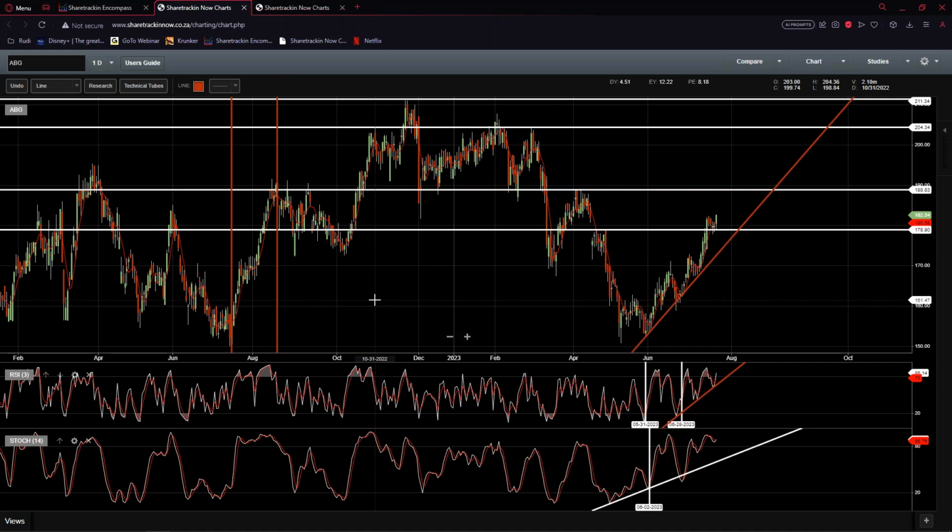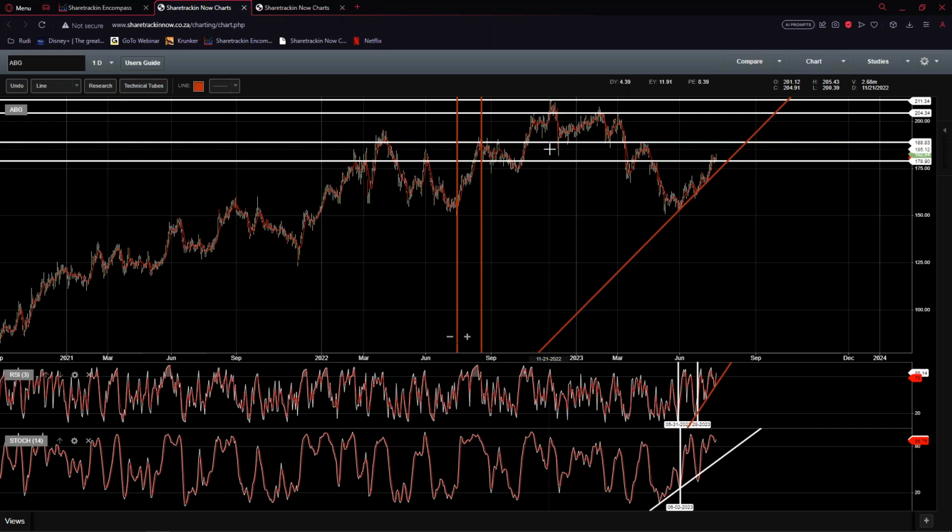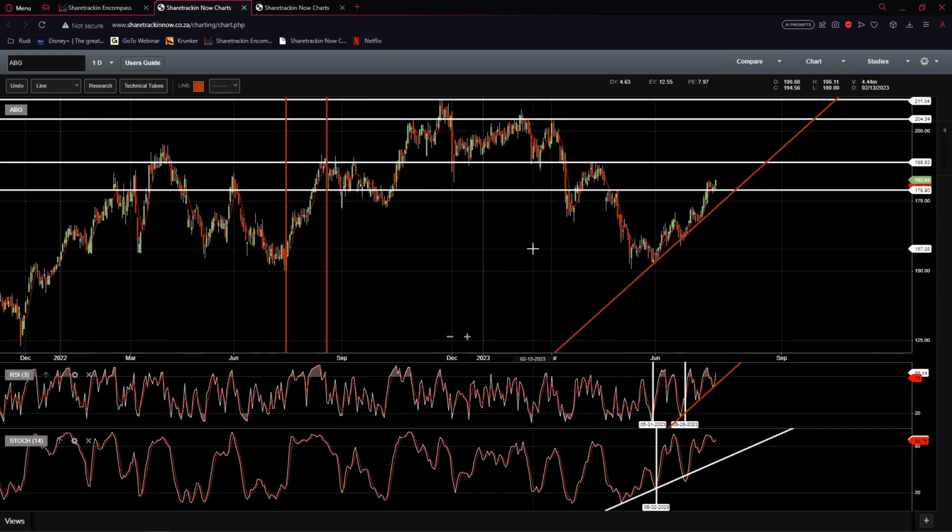So I can change up my stop losses according to what I'm doing with the share, whether I'm going short term, midterm or long term. Remember, the shorter your term is, the smaller your stop loss would obviously be.